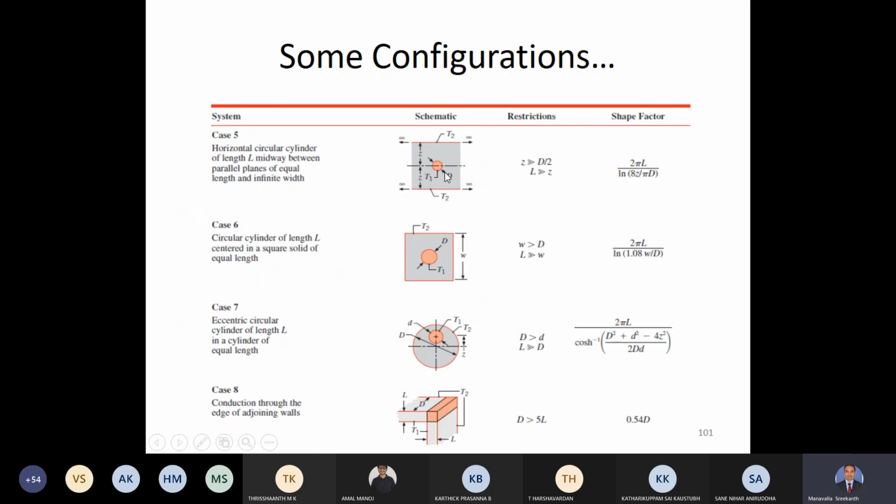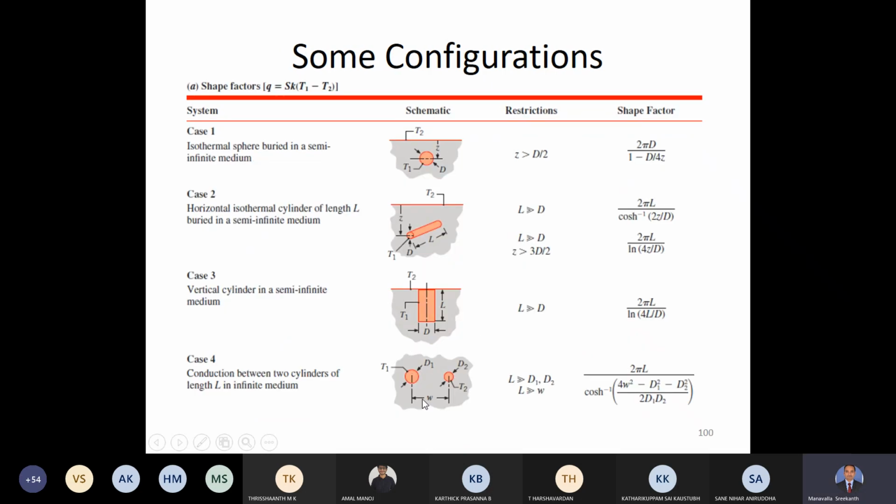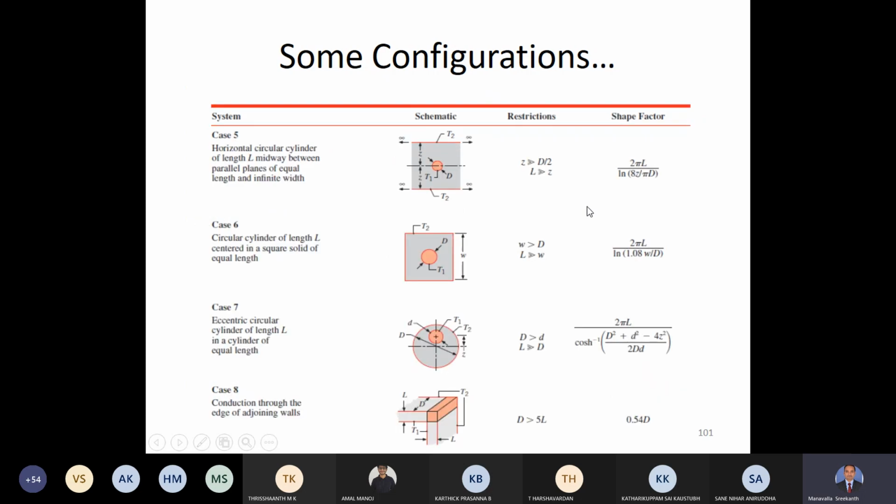Here you have a horizontal cylinder buried in some region. Here you have two pipes buried in a certain medium, and so on and so forth. All these equations are first solved using the conduction equation, and then equating it to the heat transfer equation involving the shape factor, you can find out the value of the shape factor.